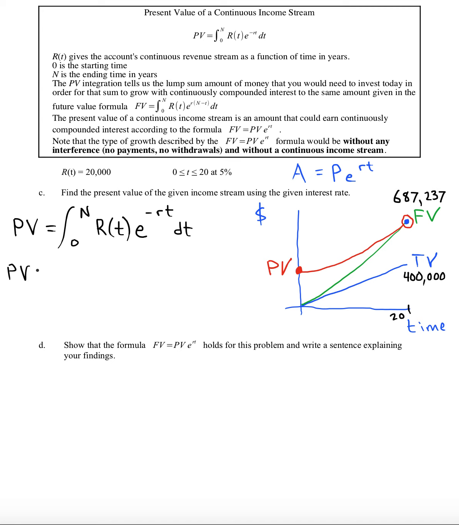All right, our present value then is going to go from 0 to 20, $20,000 per year, e^(-0.05t), leave t as a variable because that's the variable of integration here. And I'll just plug this into my calculator.